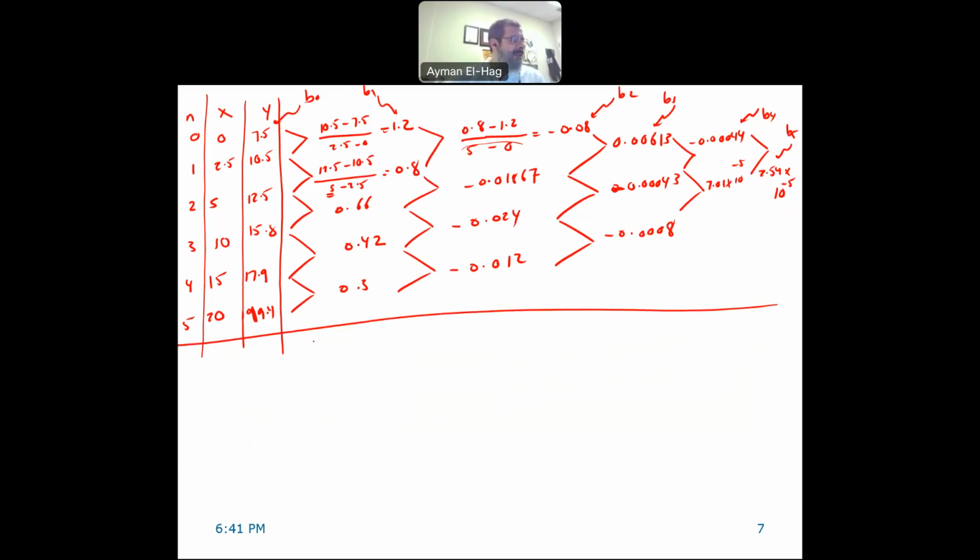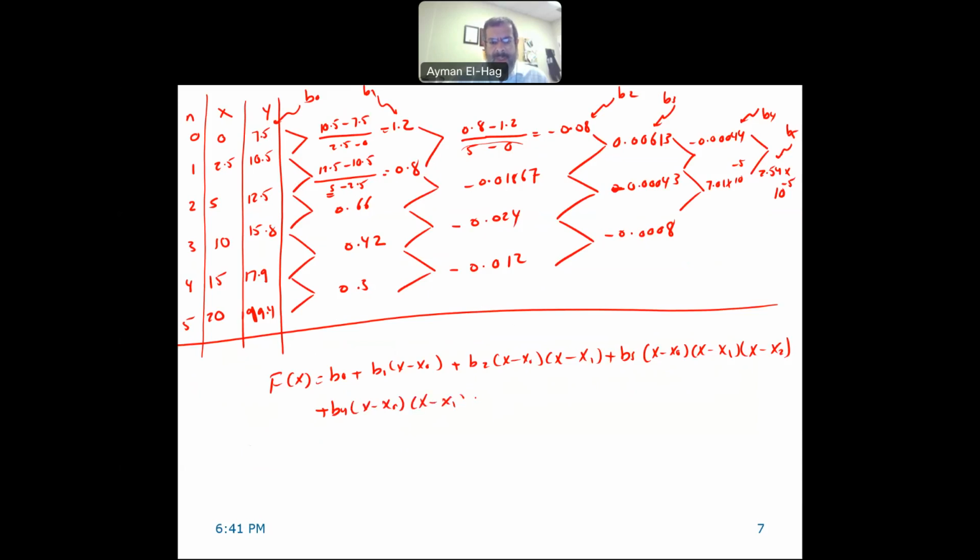And then from this, you will find that your f of x is equal to B0 plus B1 x minus x0 plus B2 x minus x0 times x minus x1 plus B3 x minus x0, x minus x1, and x minus x2 plus B4 x minus x0, x minus x1, x minus x2, and x minus x3.